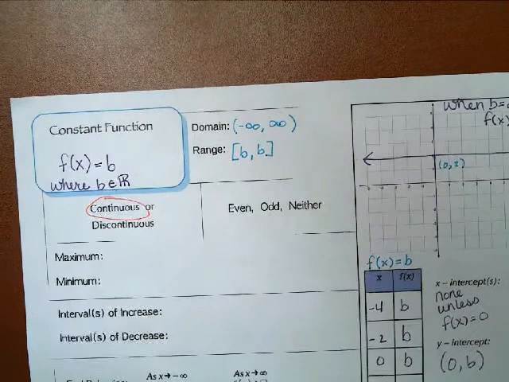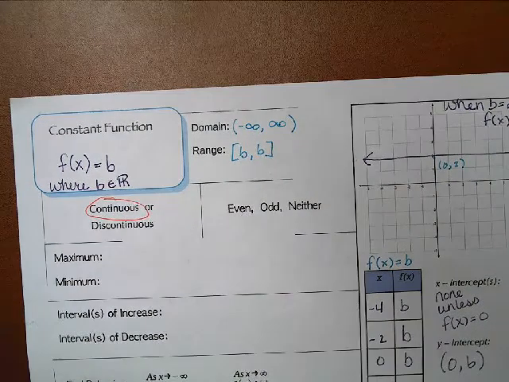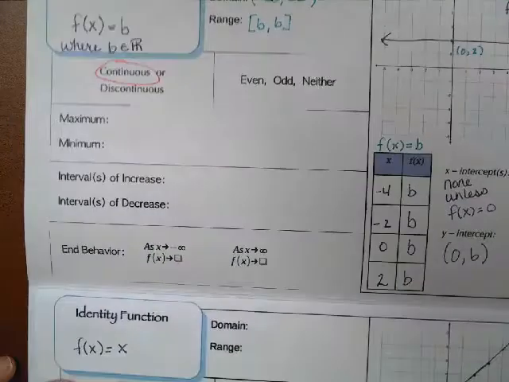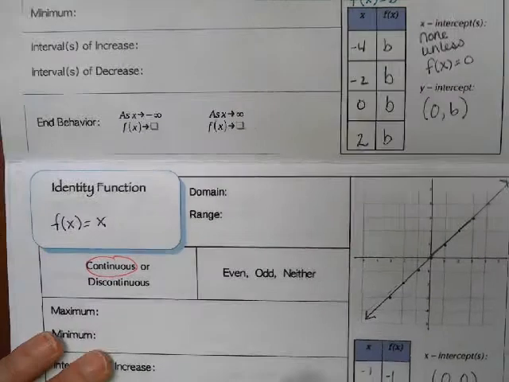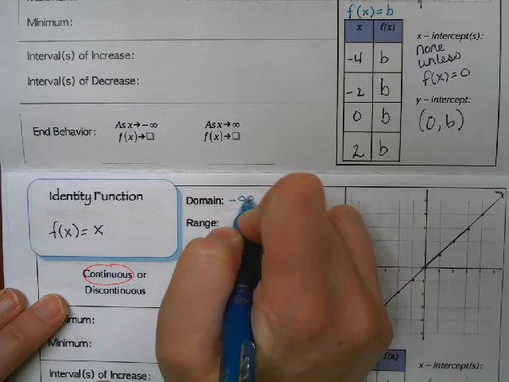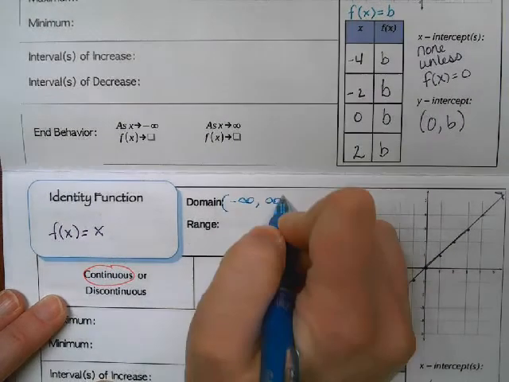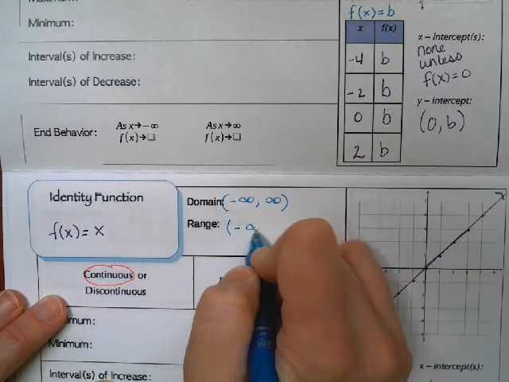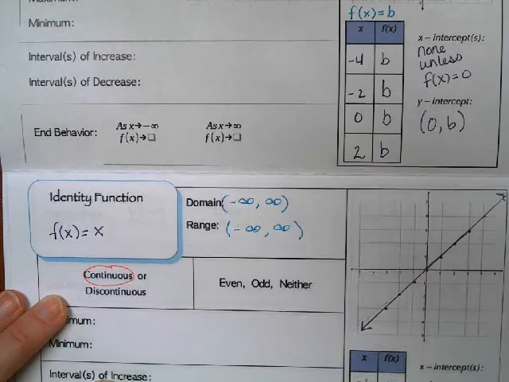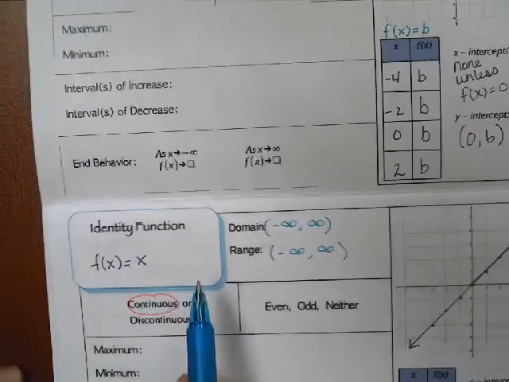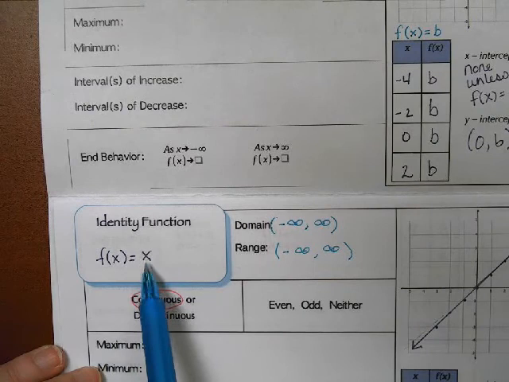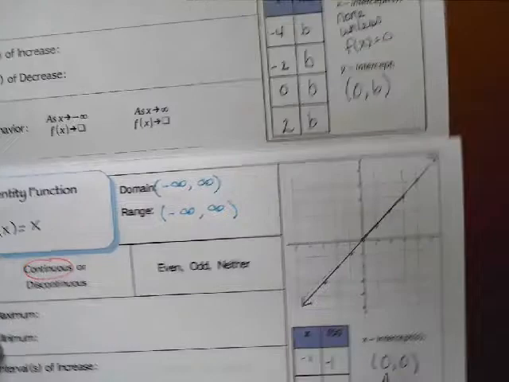There's only one output value, b. Because there's no restriction on what you put in for x. X can be anything, and it'll get you out anything.